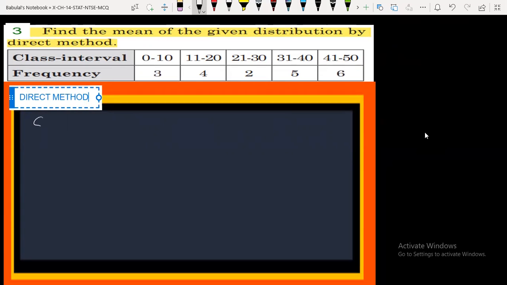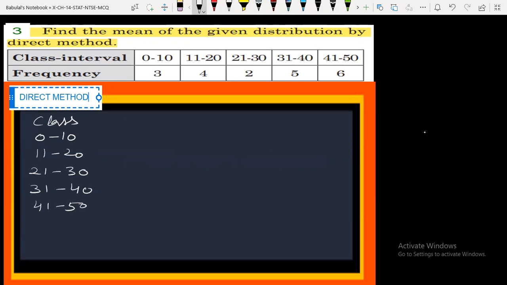So same way, that is class 0 to 10, 11 to 20, 21 to 30, 31 to 40, and 41 to 50.